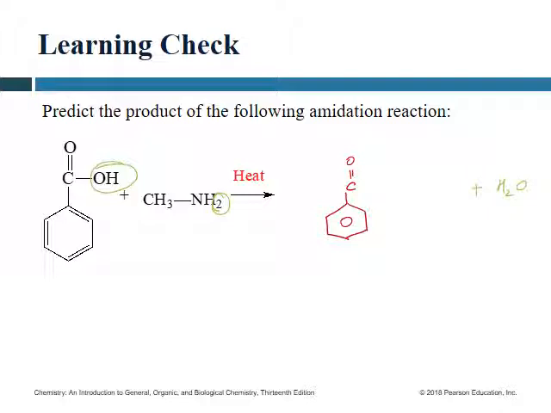Okay, don't worry about this. This is some extra information I just threw at you right now. Don't worry about this for now. Okay, so this is the carbonyl group. This OH and this hydrogen will be lost and the bond will be formed between carbon and nitrogen.